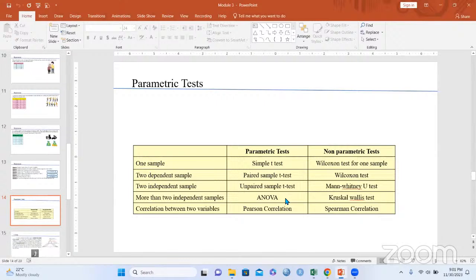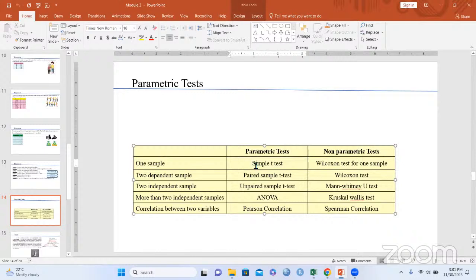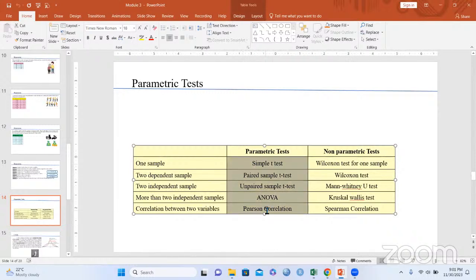I'll share this with Farah so that she can share it with you. Tomorrow we will see a simple t-test, paired t-test, unpaired t-test, and ANOVA. If you know one, the remaining are quite similar. This will complete the parametric tests, and the last unit is non-parametric tests. Probably we'll complete that by Monday.